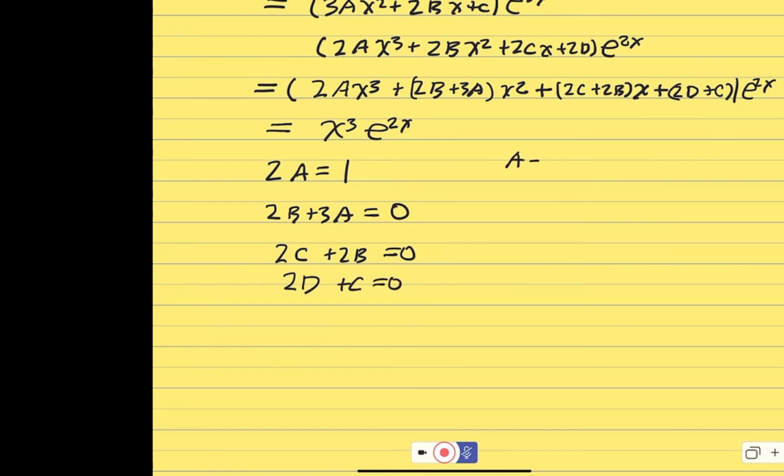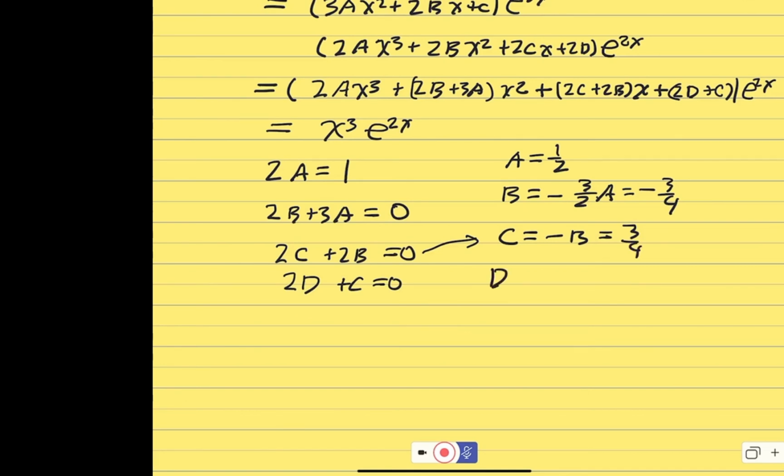Solving these, I get a equals 1/2. Then this says b equals minus 3/2 times a, which is going to be minus 3/4. C then, from this equation, is going to be minus b, so that's going to be 3/4.